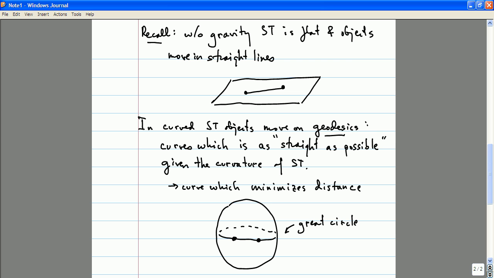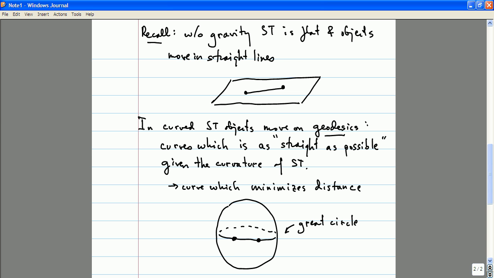The shortest distance is found by flying over Greenland or something like that, where you minimize the distance by going along the arc of a great circle. That takes you somewhat north of the line of constant latitude or longitude between Montreal and London.